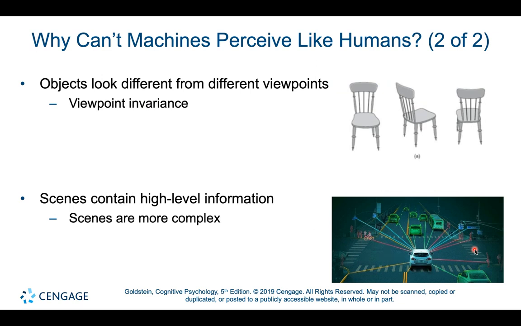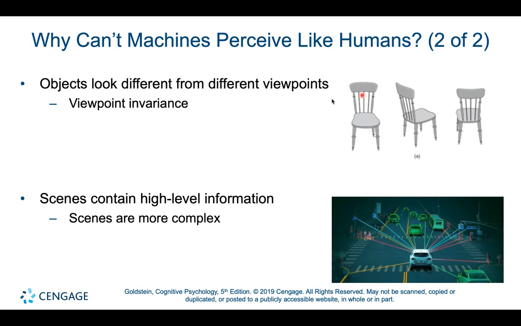A second major reason, two more major reasons why machines have trouble with perception. The first is viewpoint invariance, meaning that when you and I see or perceive a chair, we understand that there are basically an infinite number of orientations that this chair could take.